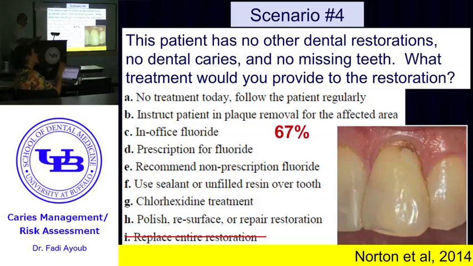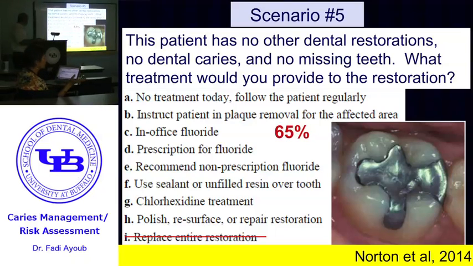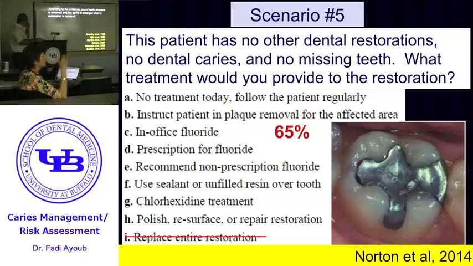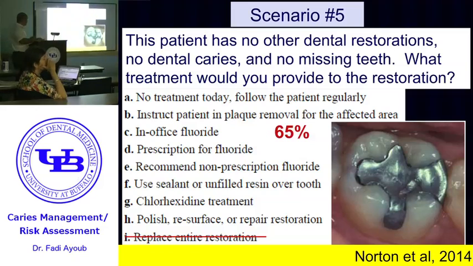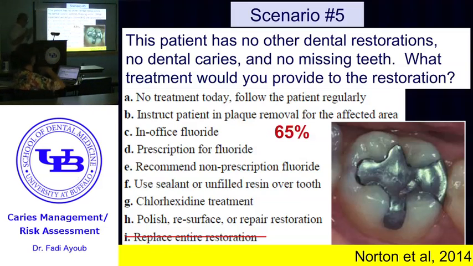And there are cracks going over every marginal ridge, down the lingual groove, the buccal, that kind of thing. I wanted to make a similar observation. Out of the last three scenarios, my main concern in the clinic, and I don't know if everybody agrees with me, was scenario number 5.